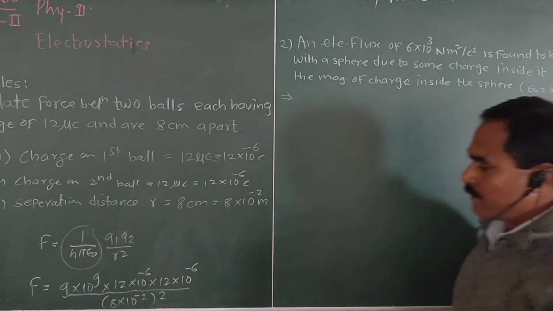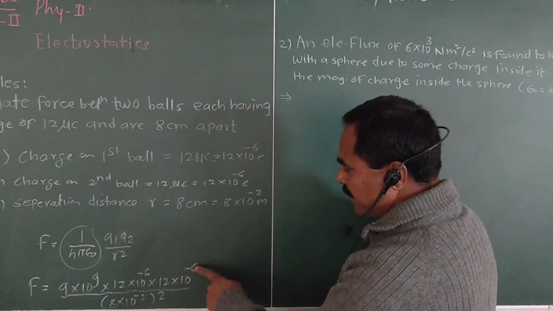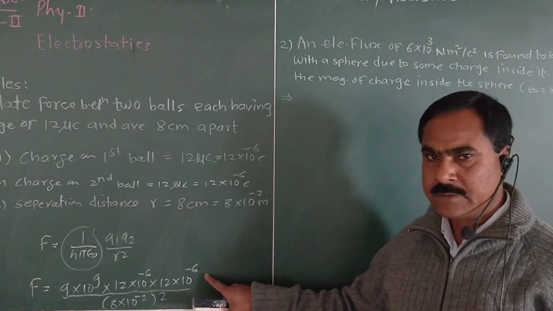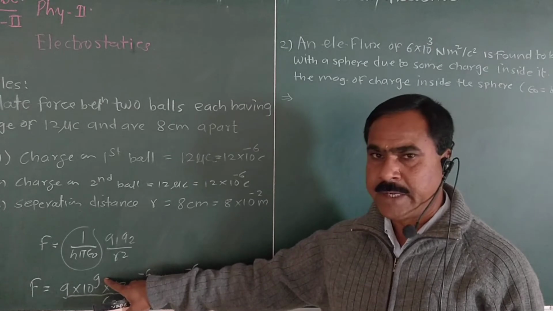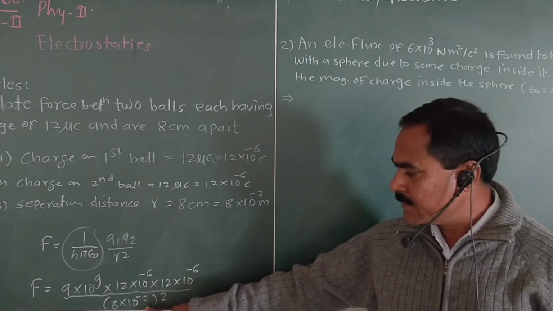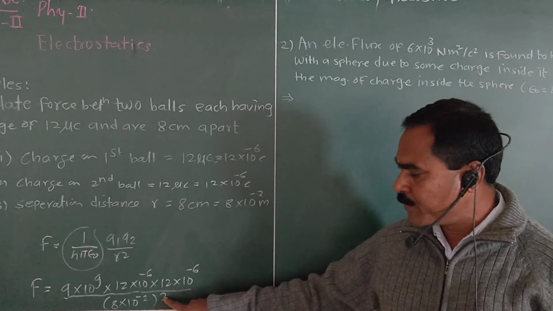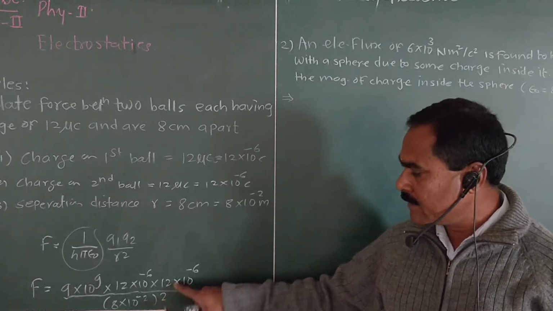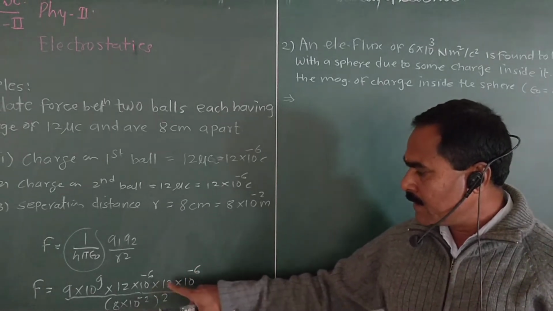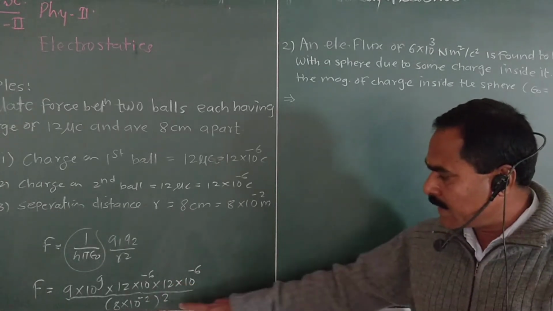Okay, so here power is 9, here power is minus 6, power is minus 6. So totally it becomes minus 12 plus 9, so we get minus 3. And this 10 raised to minus 2 bracket square will give minus 4. When we take this power up, this is plus 3 and this is minus 3 and this is plus 4.